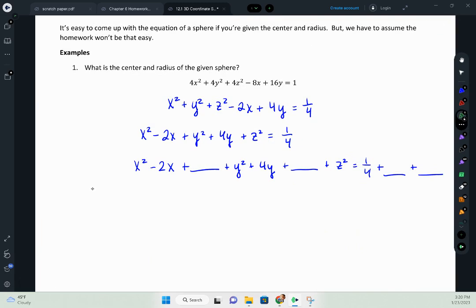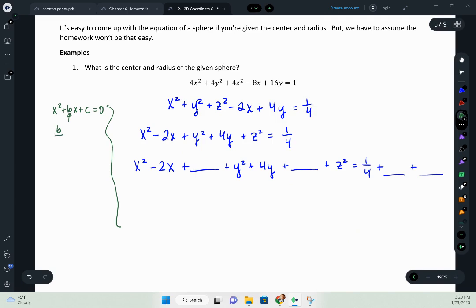Way back when we were first learning completing the square, we were given something like x^2 + bx + c = 0, and we were told to complete the square on this. We were told to take the b value, whatever's in front of the x, take (b/2)^2, and add this into the equation.